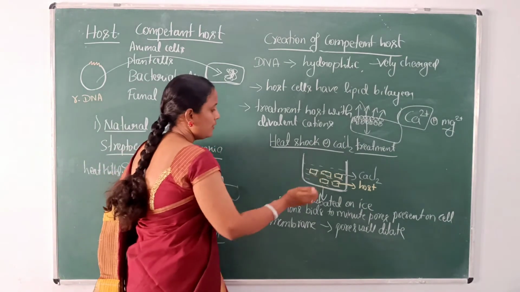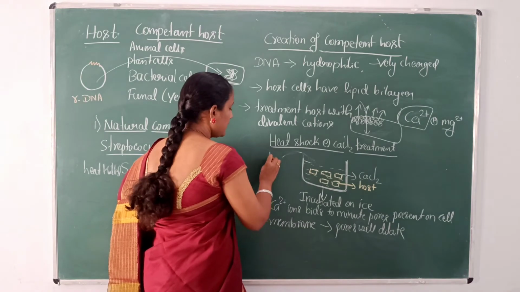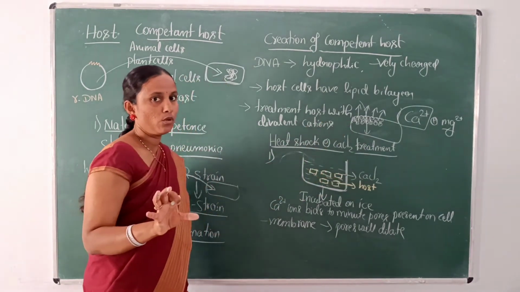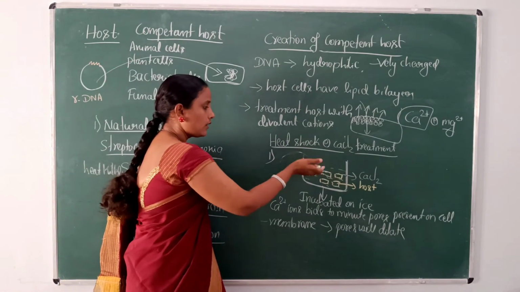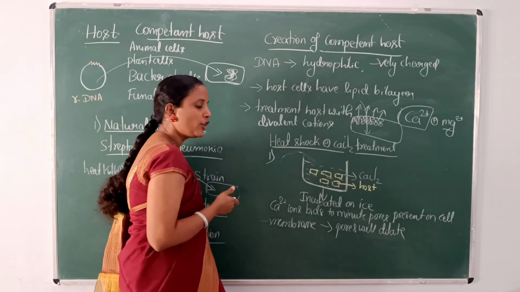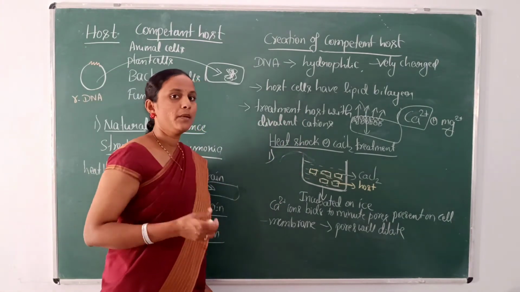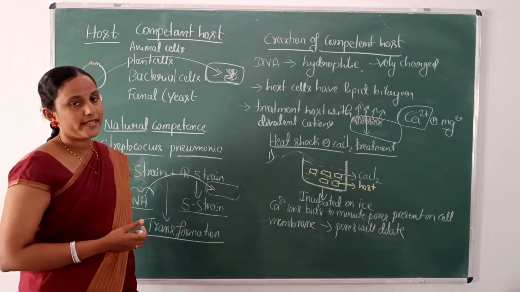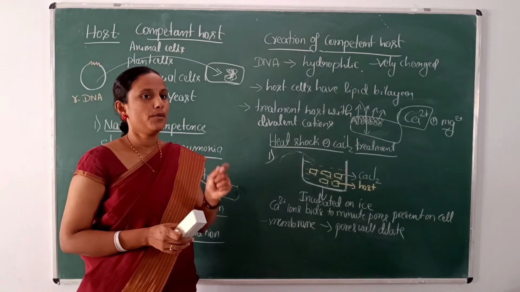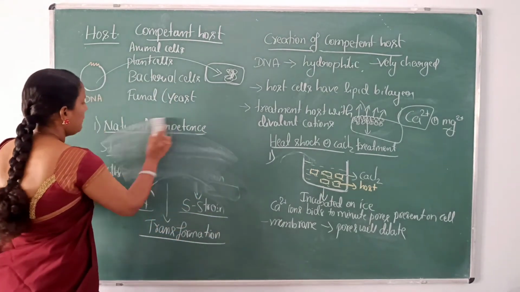So this is the first step I wrote here. The host will be added with calcium chloride in the form of a solution, and it is incubated on ice, during which the calcium ions will bind to the minute pores present on the cell and dilate the pores. Pore size has increased.